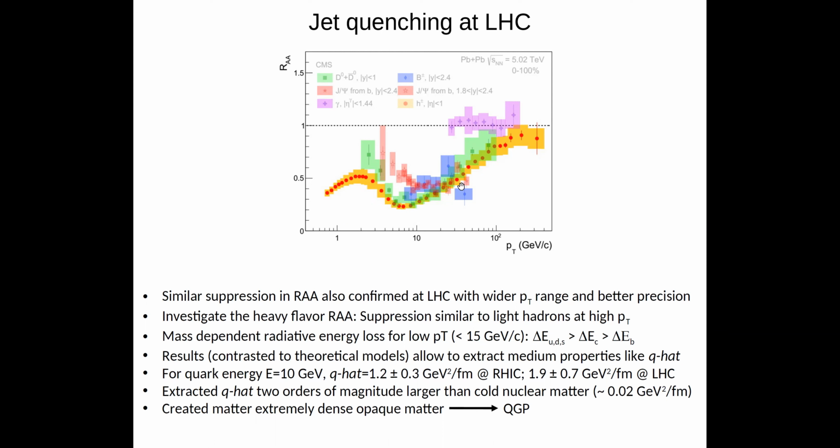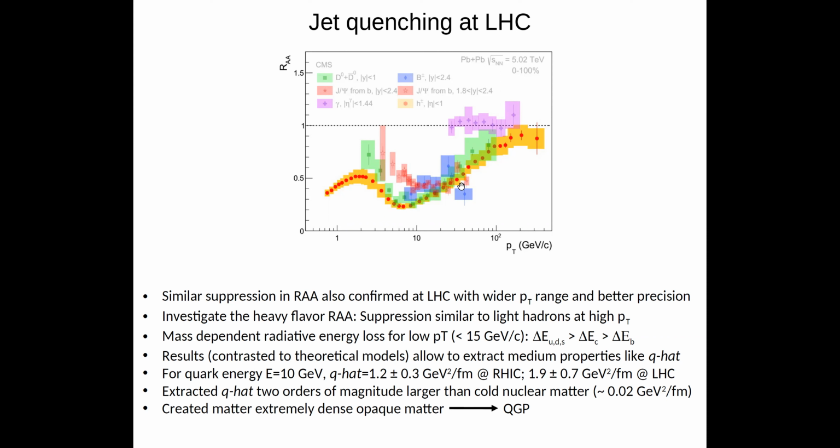And when results are compared with the theoretical models, this allows us to extract the medium properties, some transport properties of the medium, like q hat, which basically signifies the square of the momentum transfer in an elastic interaction per unit path length. Ultimately, the extracted q hat values are much higher, both at RHIC and LHC, compared to what is the case for cold nuclear matter.